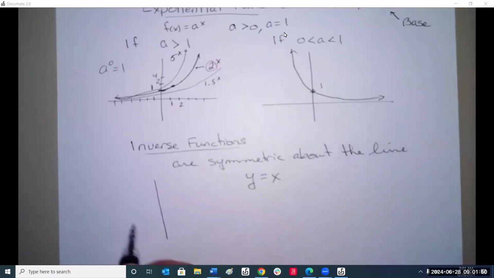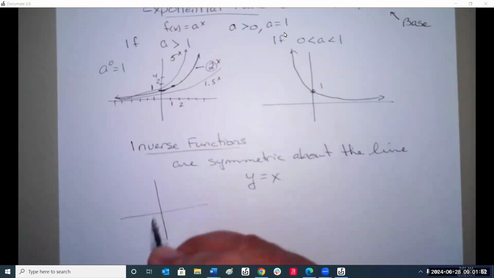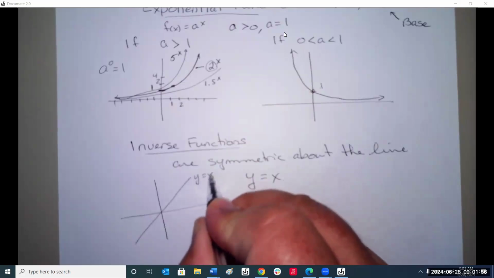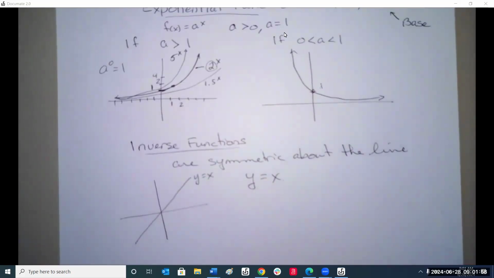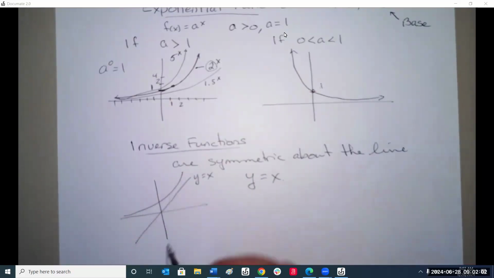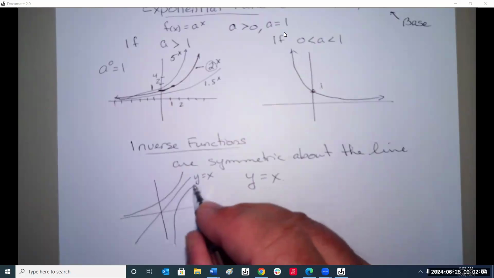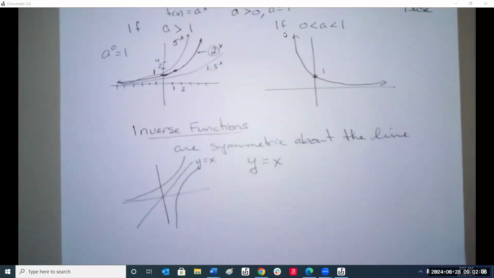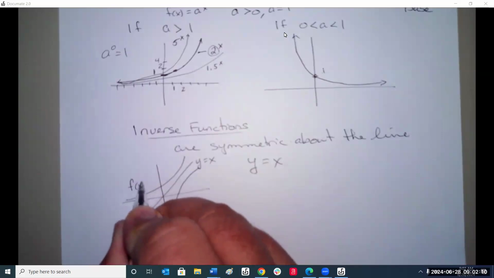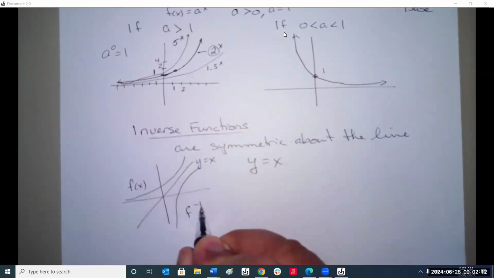So this is the line y equals x. If we had a curve here that looks like that, then we'd have the mirror image of the curve that looks like this, where this would be our function and this would be our inverse.